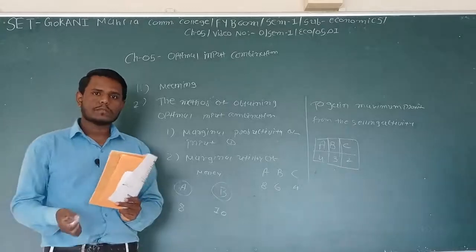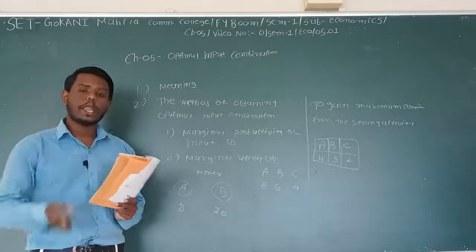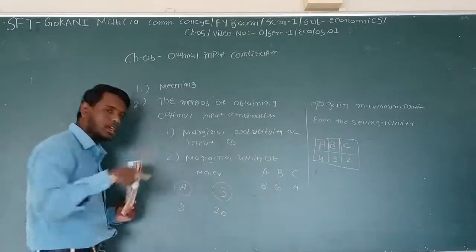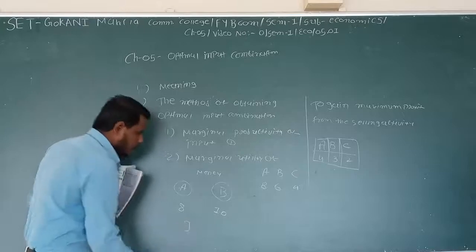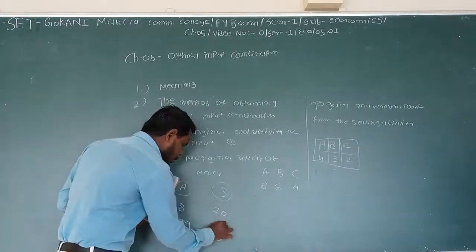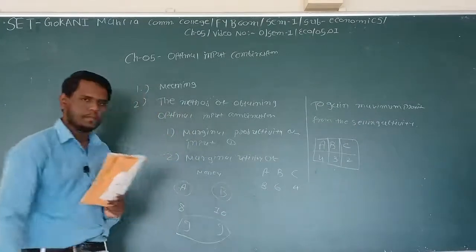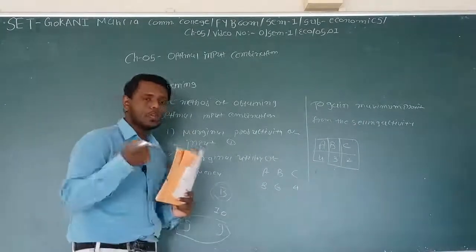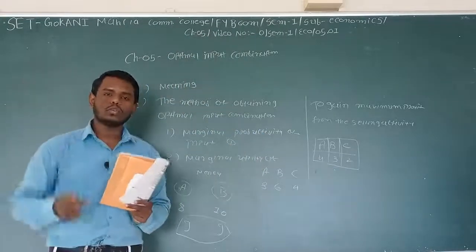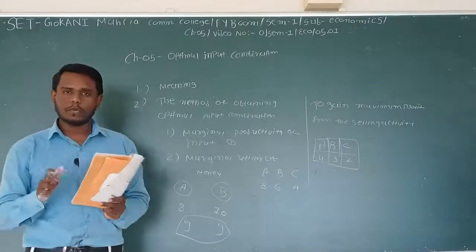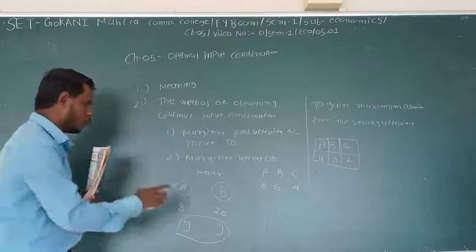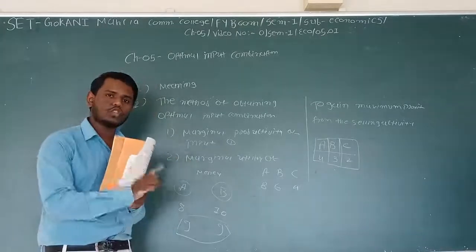So after so much effort and planning, you increase A from 8 to 9 and you decrease B from 10 to 9. Ultimately, these both become the same. At this point, you will get the optimal input combination. Two inputs are not the usual case, but this is only for your understanding.